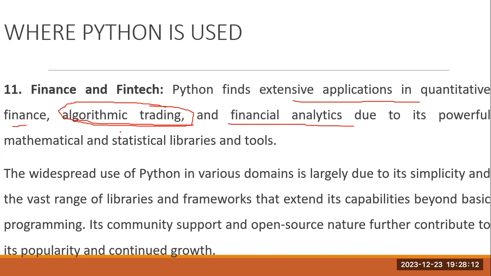If I conclude, the widespread use of Python in various domains is largely due to its simplicity and the vast range of libraries and frameworks that extend its capabilities beyond basic programming. Its community support and open source nature further contribute to its popularity and continued growth.